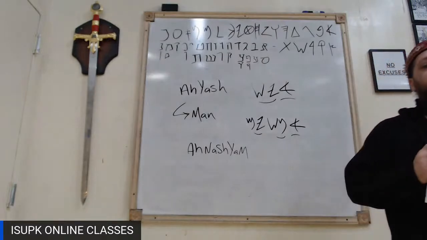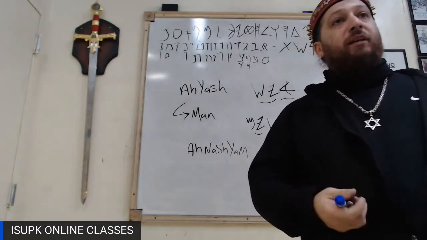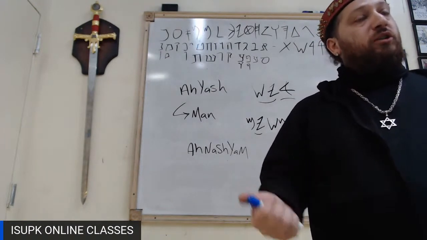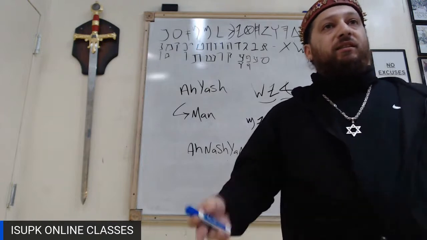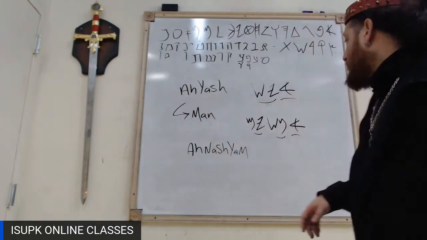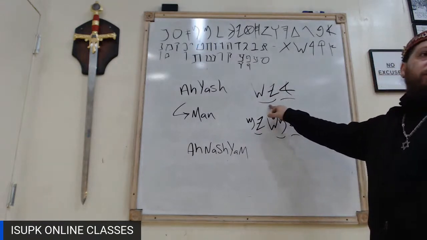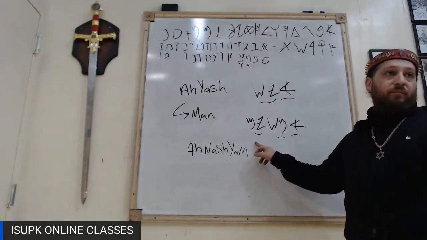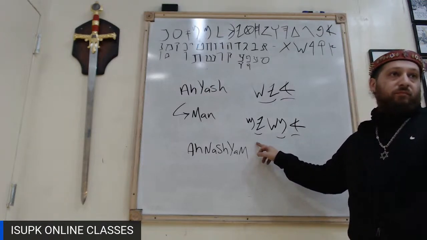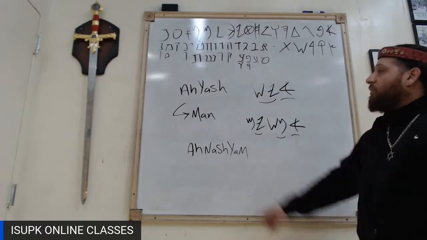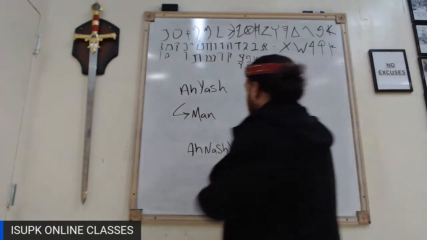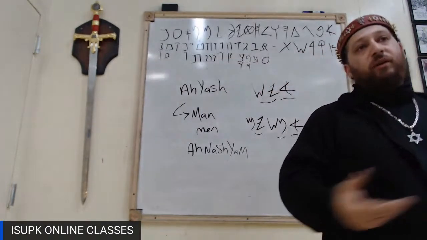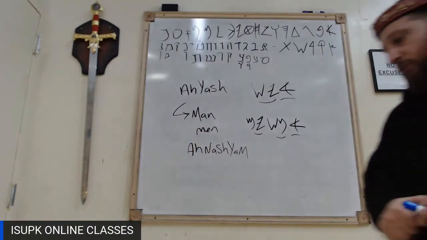Plural, it changes. Now, this is probably a better example of what I stated earlier, like goose and geese. Goose doesn't become gooses, it becomes geese. It's an irregular plural, it changes. Ish, when you want to make it men, becomes anashim. Man becomes men. This is another irregular plural. This is something that you have to memorize. Just like in English.